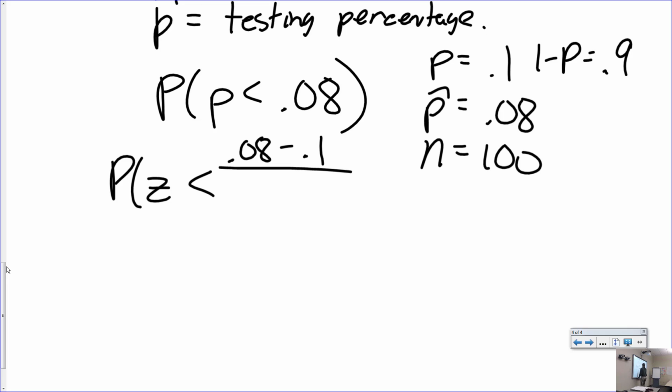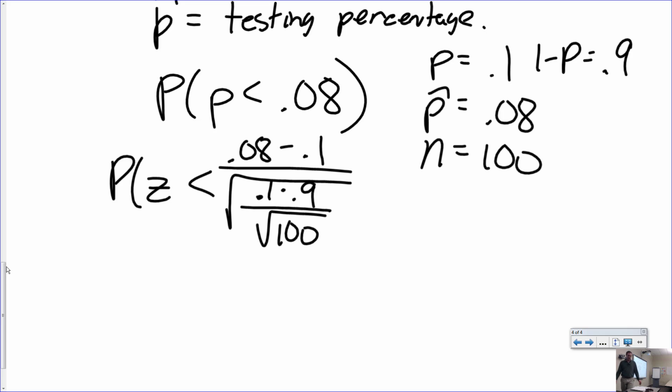So this is going to be the square root of 0.1 times 0.9 divided by 100. Not the square root of 100, straight up 100. My bad. I like square roots, but I'm getting a little carried away.